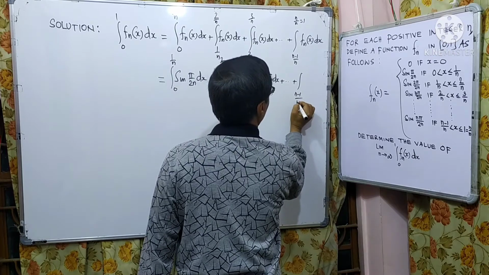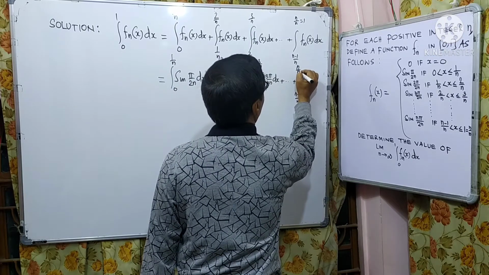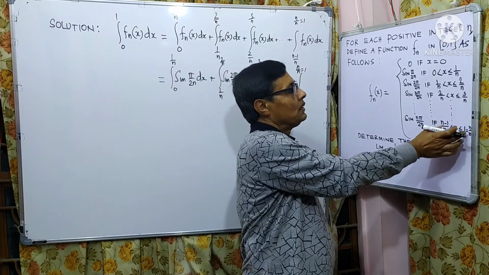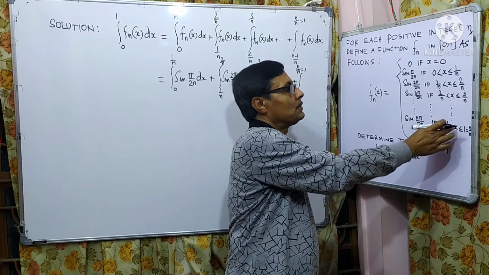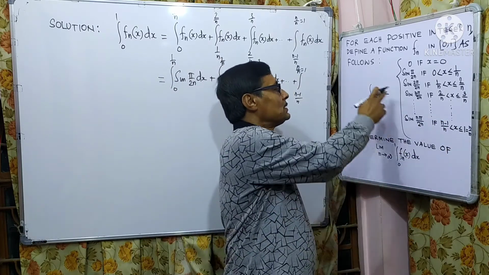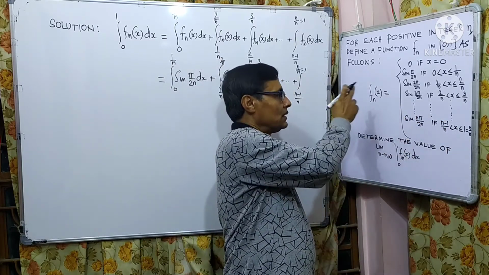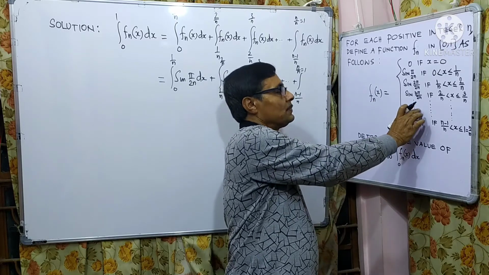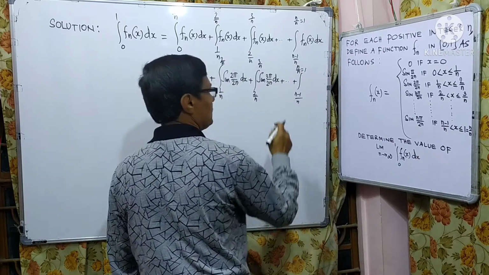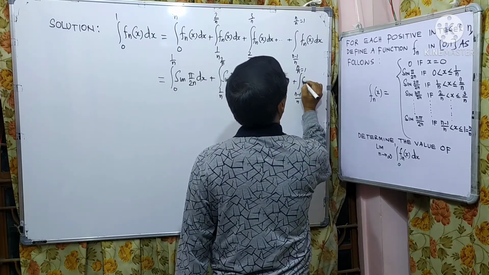Ultimately, in the last semi-closed interval, that is ((n-1)/n, n/n], equal to 1, the function is defined as a constant function. The value of this constant function is given as sin(n pi/2n). So we can put this value.